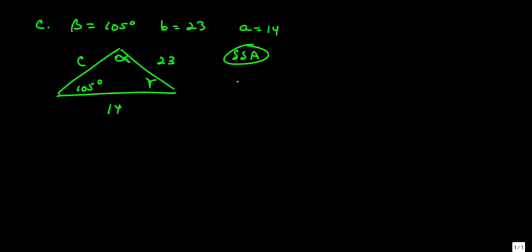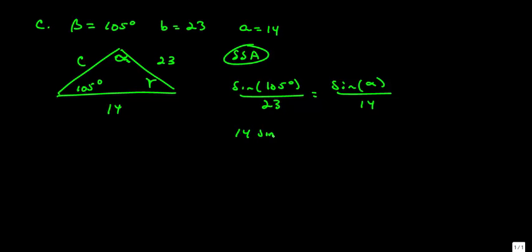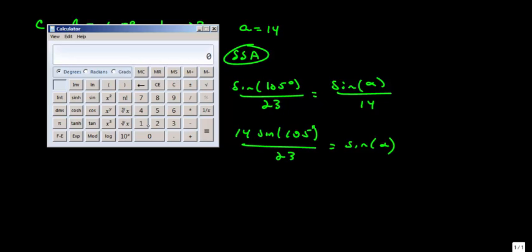So here's how it's going to work. The sine of 105 degrees over 23 should be equal to the sine of alpha over 14. So 14 sine 105 over 23 is equal to sine alpha. So we'll grab our calculator, and we'll do 14 times the sine of 105, divide that by 23, and I'm getting 0.588.